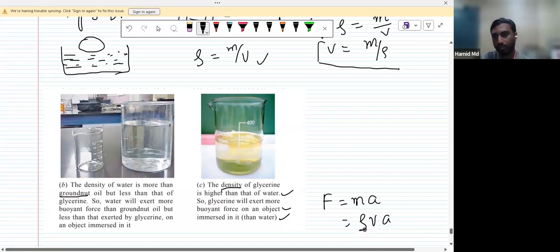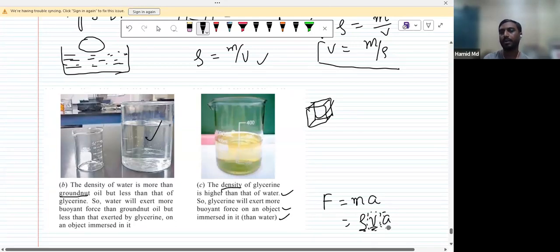Here we have replaced mass with rho. The volume of the object will remain fixed. Suppose I am dropping this object into two different liquids. The volume of the object is fixed, and what is different is the density of the liquid.